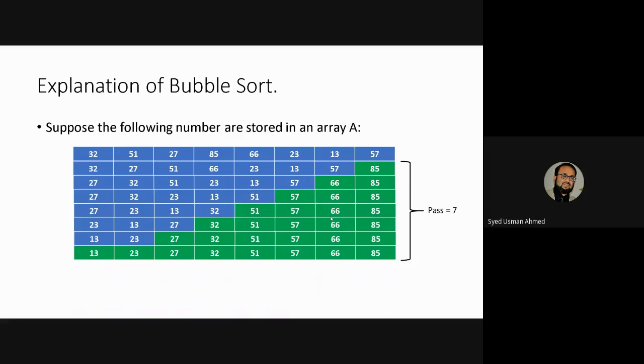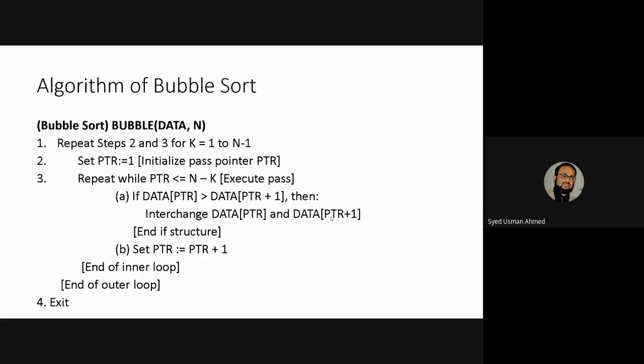Now let us see what the algorithm actually looks like. This is the bubble sort algorithm, and it's a simple algorithm, but it makes use of something called pointers. I hope you understand what the word pointer means, but it is not the same as what we will discuss in linked lists. It's just an element that points to a location.